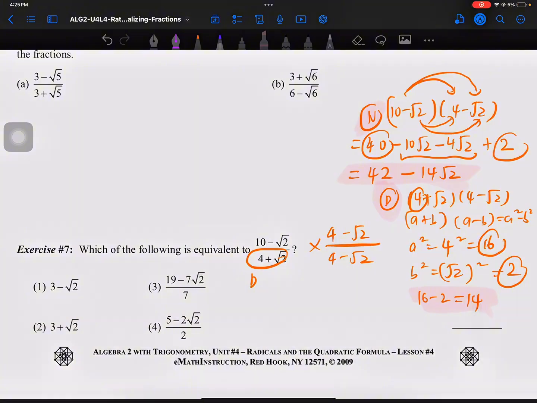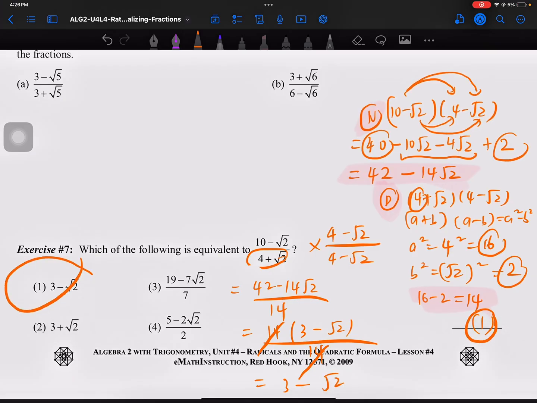So we put it back in the original expression. Now the numerator becomes 42 minus 14√2 over 14. Now we reduce the fraction. We factor out 14 from the numerator, so 14 times 3 minus √2 over 14. Now I can take out 14, meaning 14 divided by 14 is 1. So the final answer will be 3 minus √2. First choice.